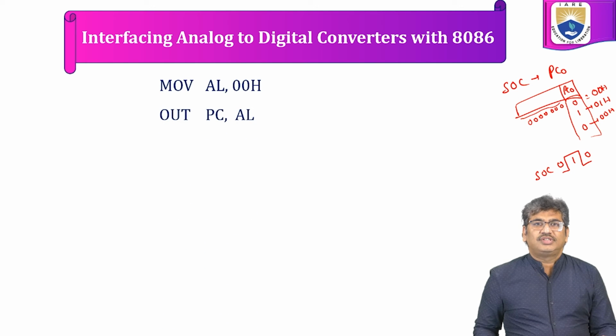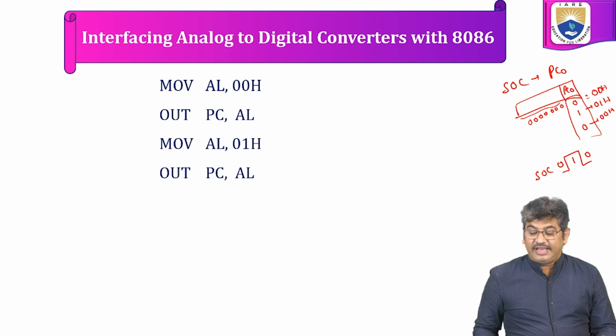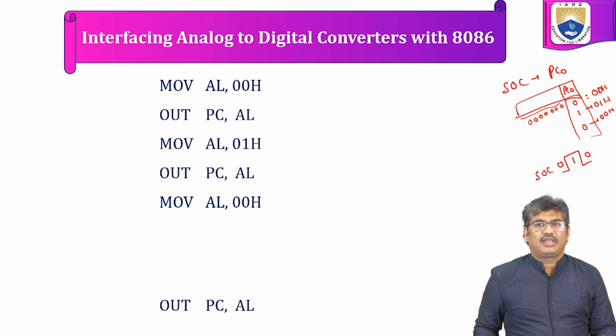Next, to make the SOC signal 1, MOV AL, 01H, then OUT port C, AL. Next, for making the SOC signal 0, MOV AL, 00H, then OUT port C, AL.